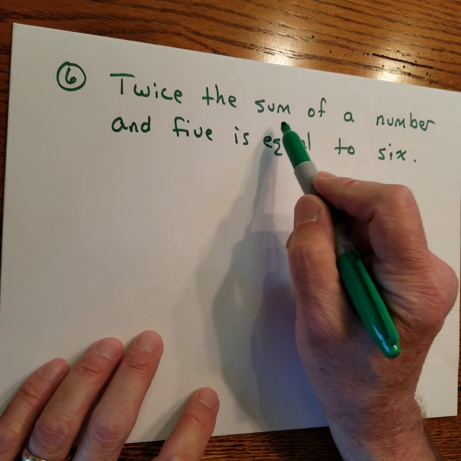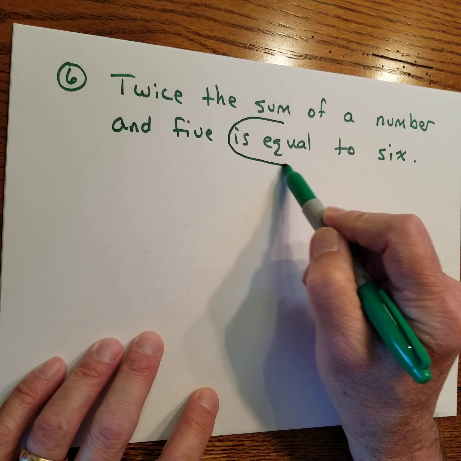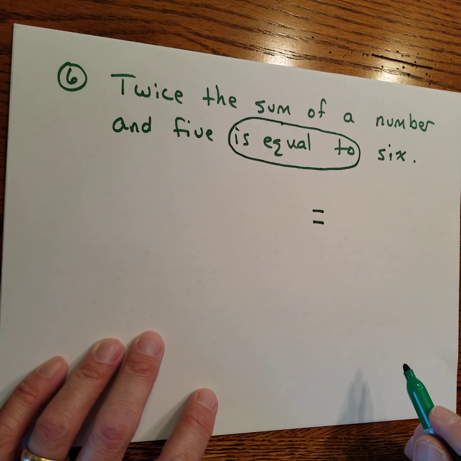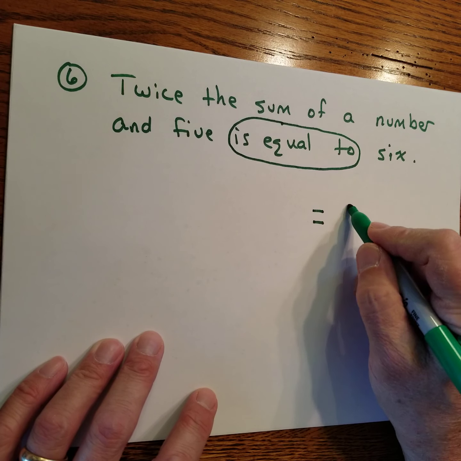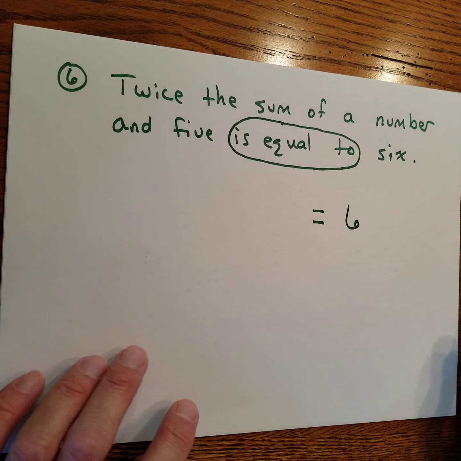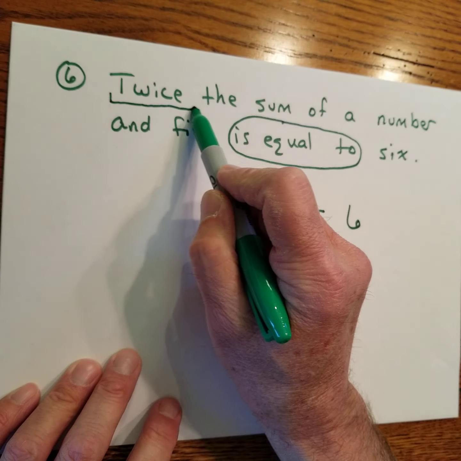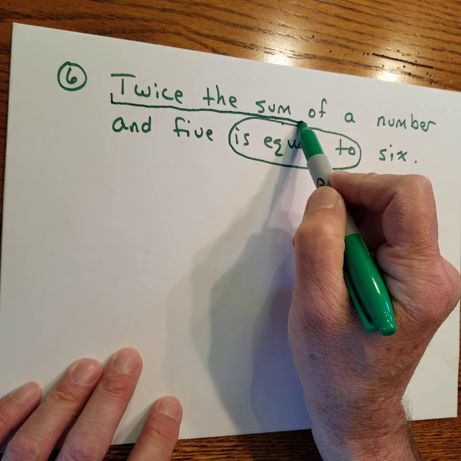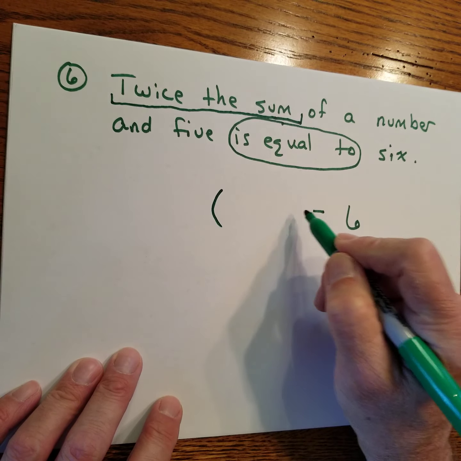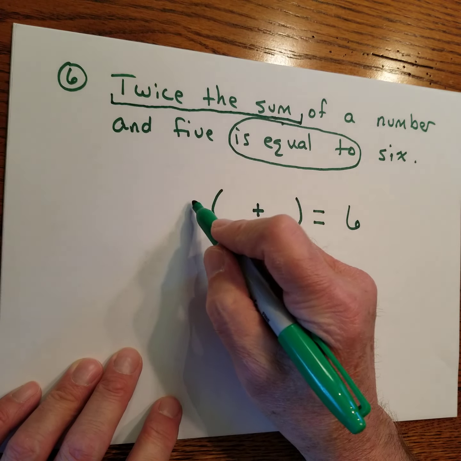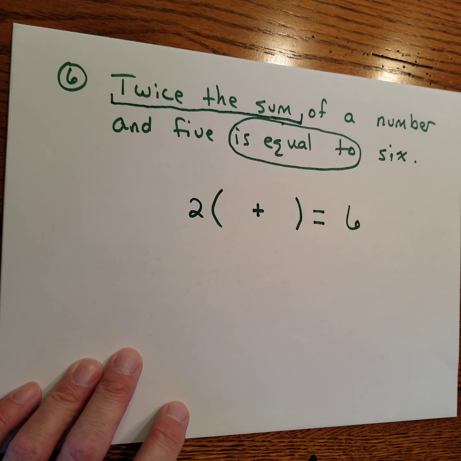Again on number 6, let's start with the equal sign. Is equal to. That's my equal sign. The only thing after the equal sign is a 6. Now before the equal sign, here's the phrase that comes up so often. Twice the sum. That tells me parentheses. There's a sum. There's twice the sum.